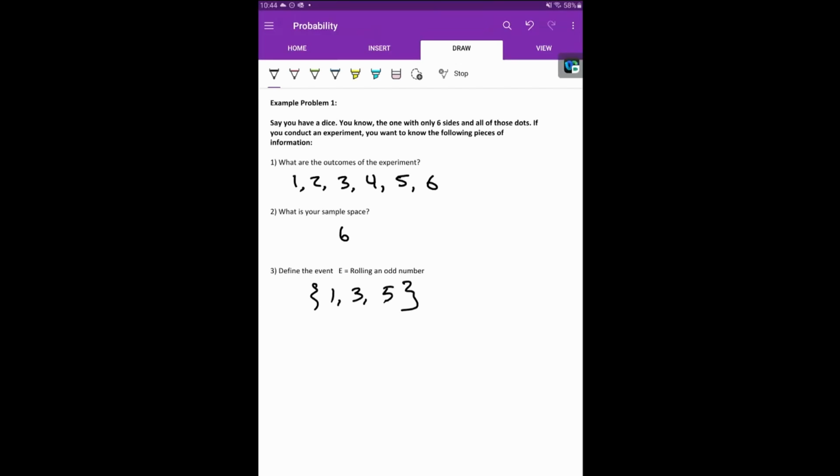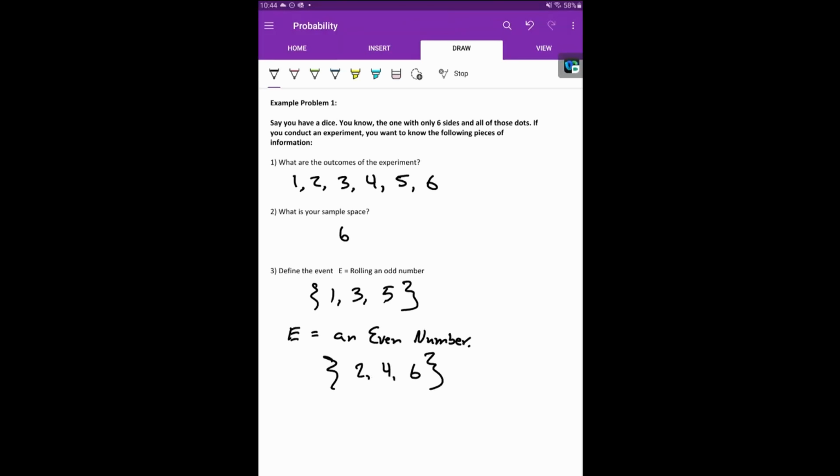Let's take it a step up. What if E was equal to rolling an even number? What would our event be? Just by the list, the event would be 2, 4, 6. Those are all the possible outcomes for rolling an even number.